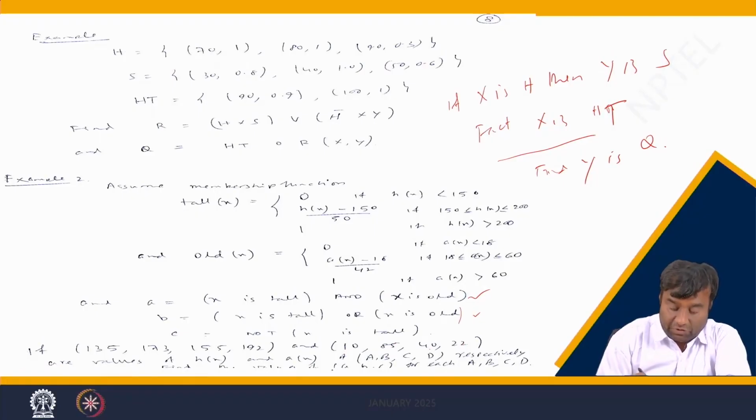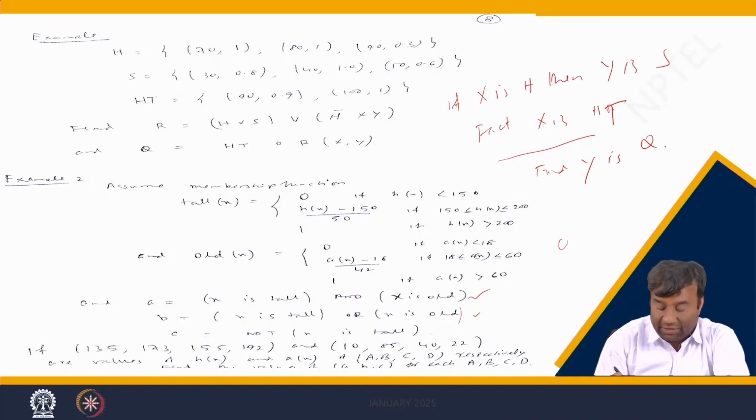Try to find the values of these. For example, 135 belongs here, so that is 0. Then for age 10, that is also 0, so you take 0. Like that you will get the input and output. For all these values, try to find the values of A, B, C.